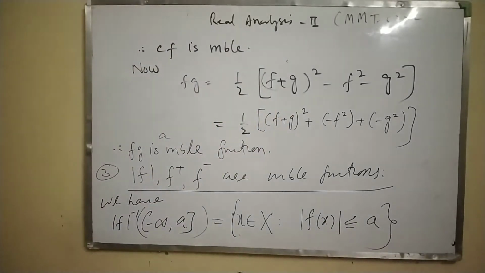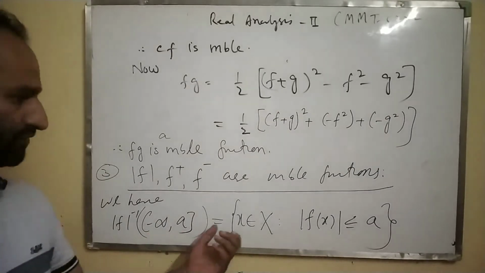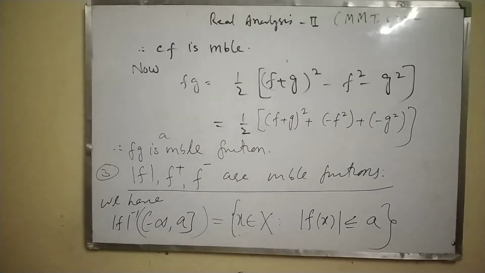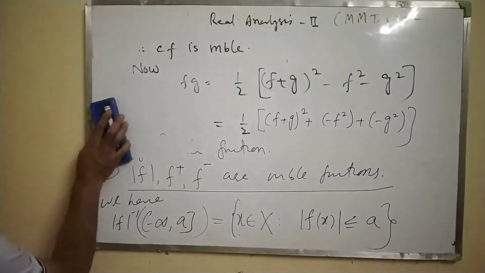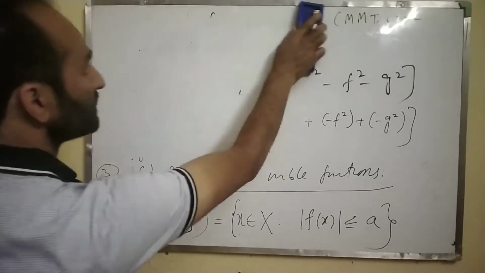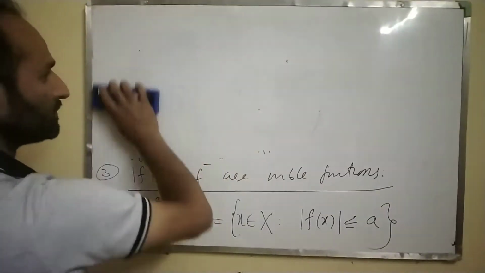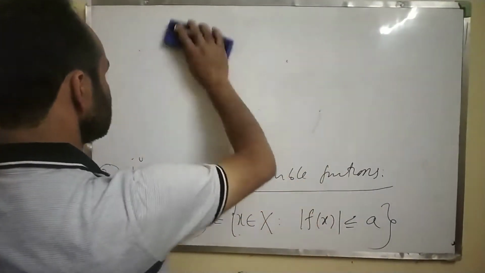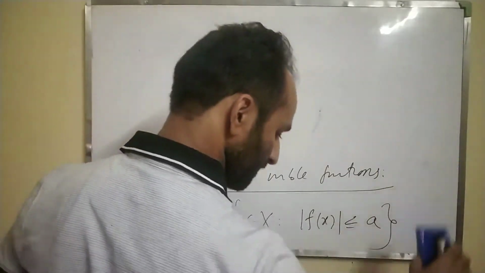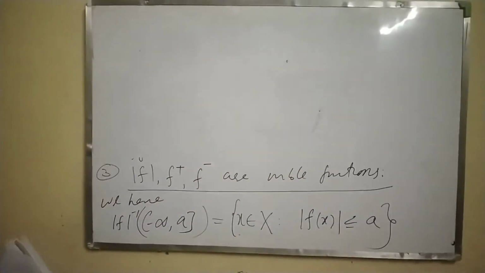So we are trying to show that this set is measurable. So if we show this set is measurable, it means that mod of f is a measurable function.